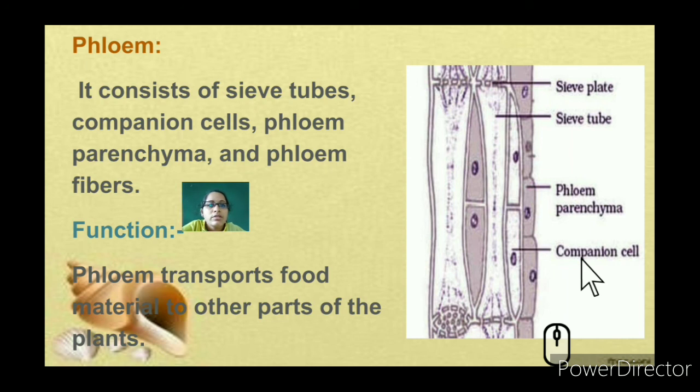Once the food is prepared by the process of photosynthesis, it gets transported to different parts of the plant, and you can see that it gets stored in particular places. And what is the function of xylem? It conducts water and other minerals across the plant.